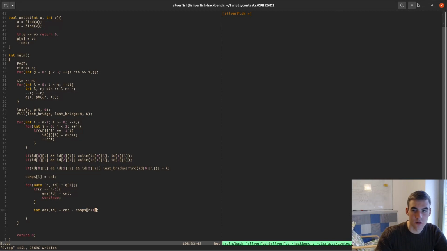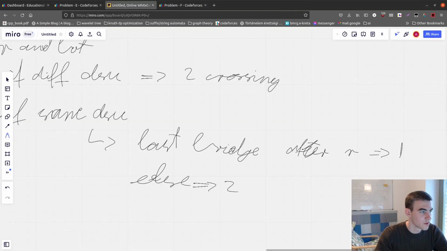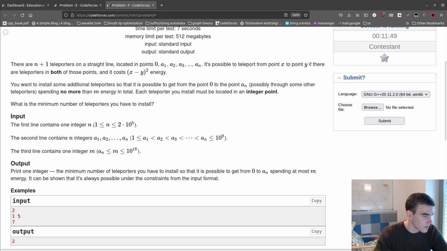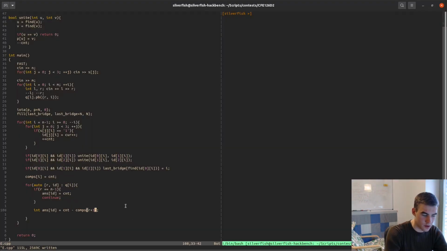And now I need to do my, I think I'll put this on my other screen too, and then I can look at it. Okay. If id 0, and then I look at the two positions. Where is the crossing? Well, it's at positions r and r plus 1.